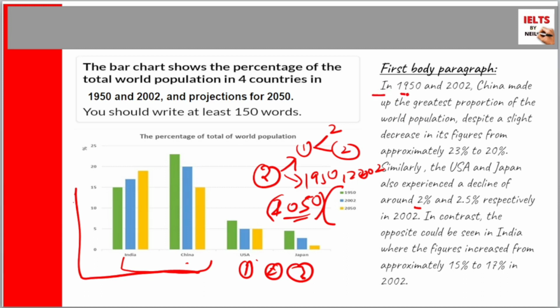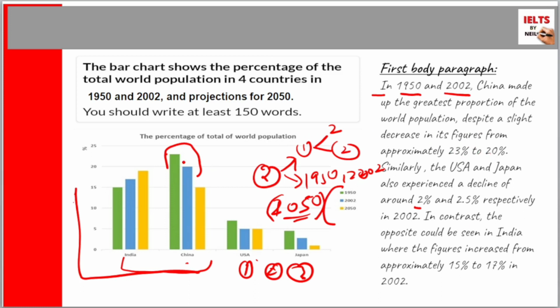In 1950 and 2002, China made up the greatest proportion of the world population. If you look at China here, see, in 1950 and 2002, China was the greatest. That's correct. Despite a slight decrease in its figures from approximately 23% to 20%.